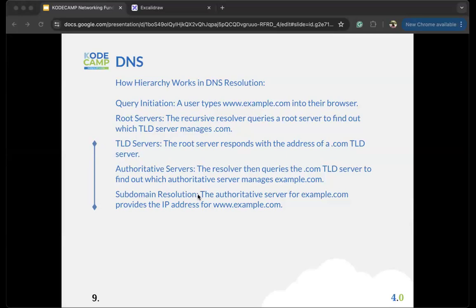Sometimes you can have info.codecamp.com, mail.codecamp.com, support.codecamp.com. Those are all your sub-level domains, and each has its own record to be resolved by the DNS. Okay.